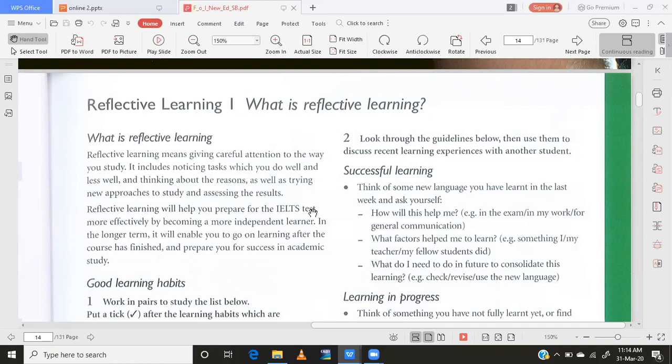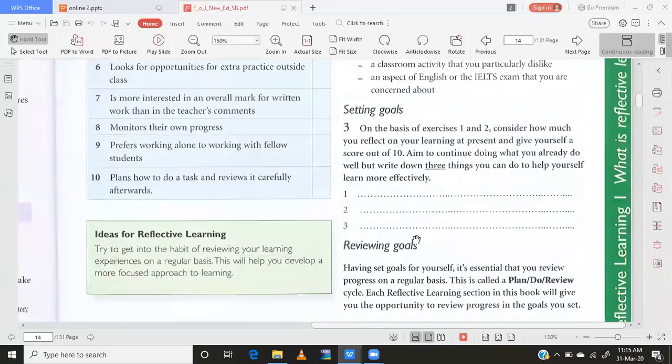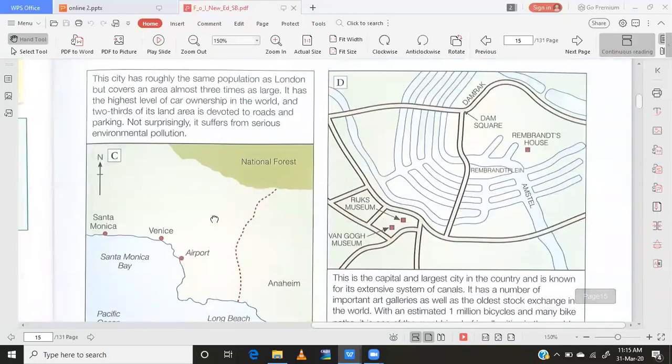I strongly advise you to read through the additional notes below and highlight the important parts. I'm not going to read all the notes. Read them yourselves, and highlight or underline the important sentences, important words, important parts for yourself. That's it.